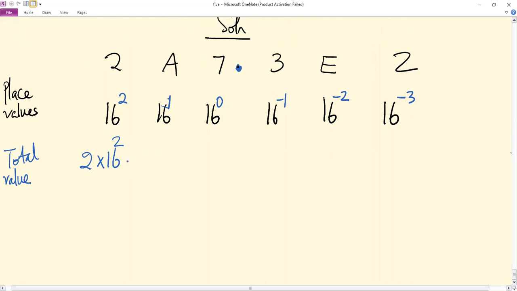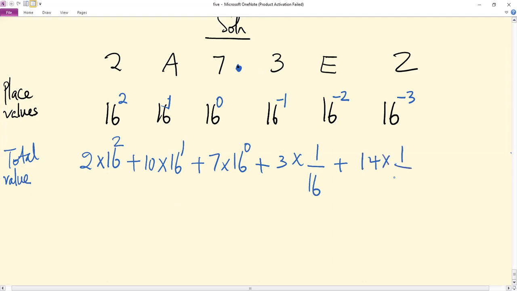So plus 10 times 16 power 1, plus 7 times 16 power 0, plus 3 times 1/16, plus E, which is equivalent to 14, so 14 times 1 over 16 squared, plus 2 times 1 over 16 power 3.